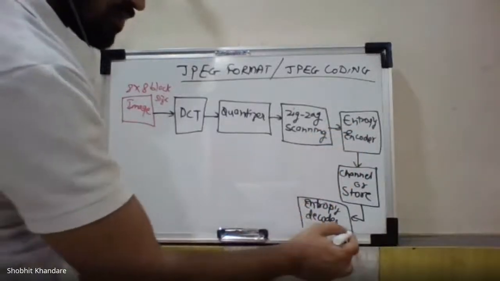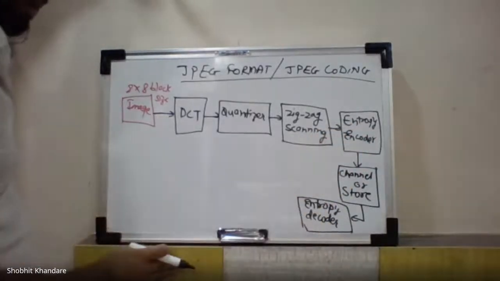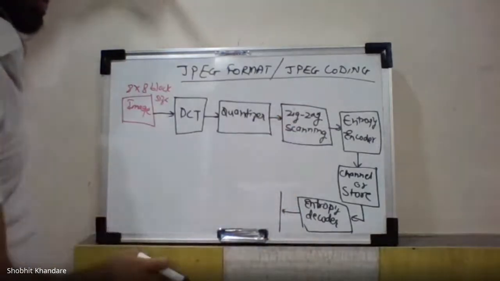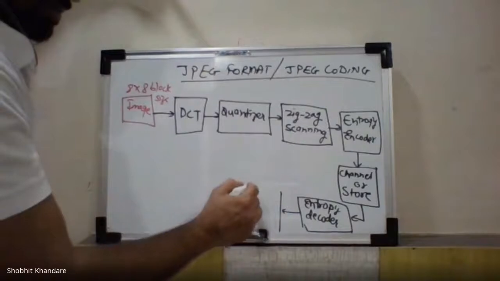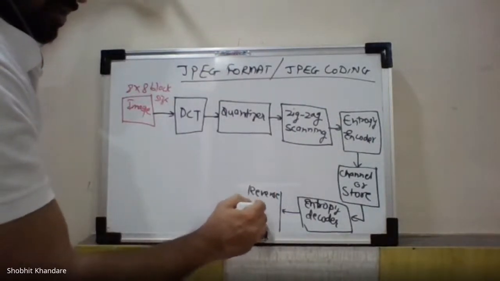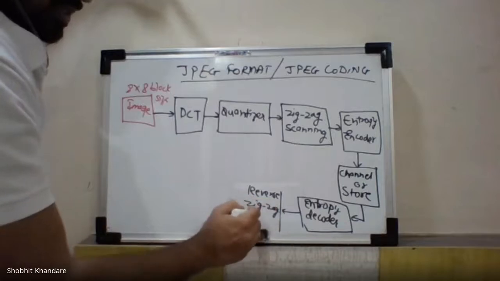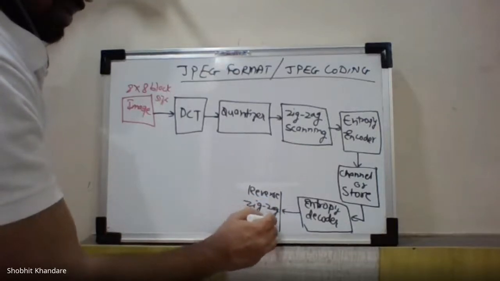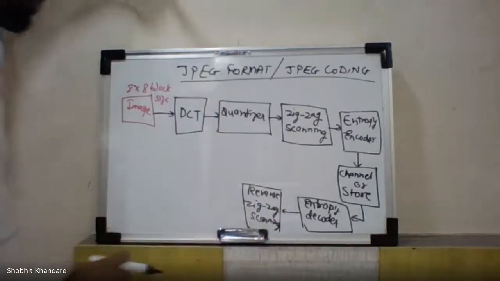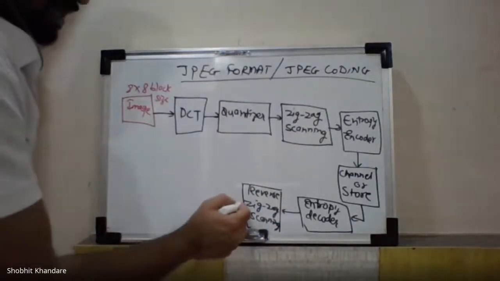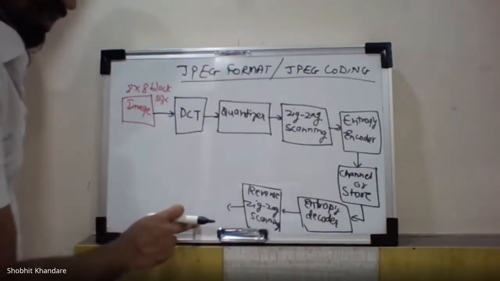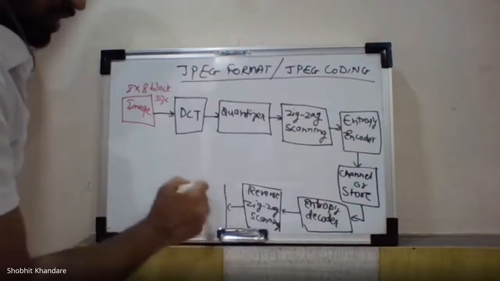Then you do zigzag scanning in reverse. Then where you had a quantizer, here you will have a dequantizer.